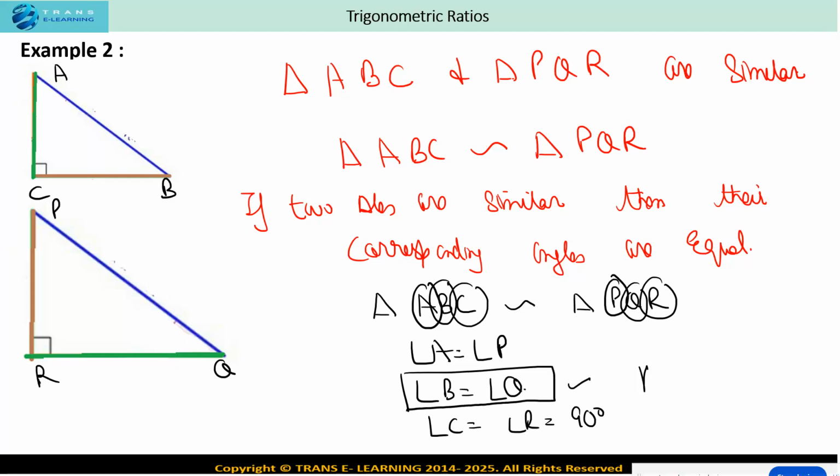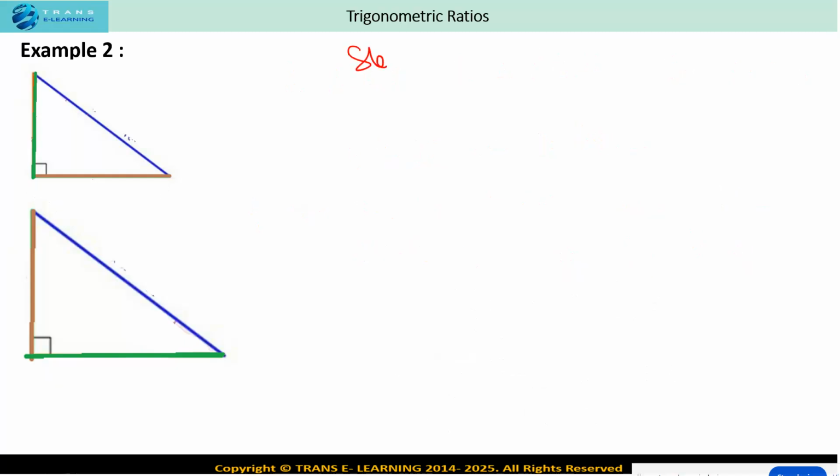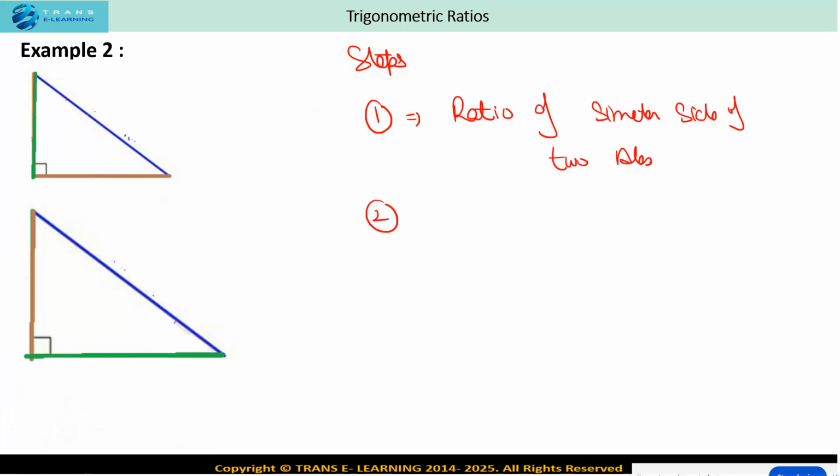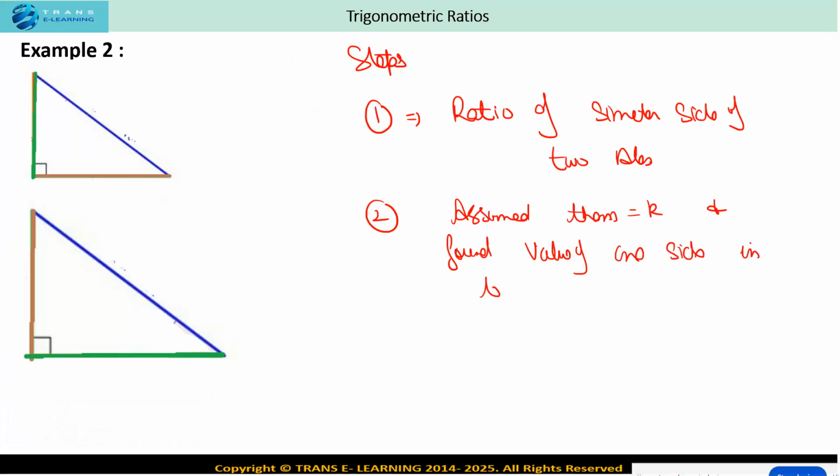So we have proved it. What are the steps that I have done? The first step is that I have taken the ratios of similar sides of two triangles, and then I have assumed them equal to K and found the value of one side in terms of another.